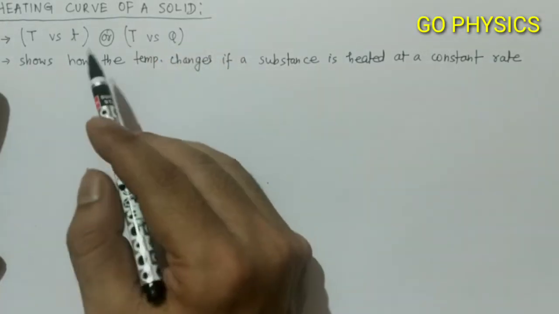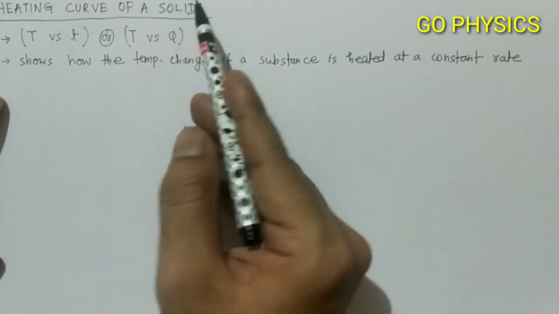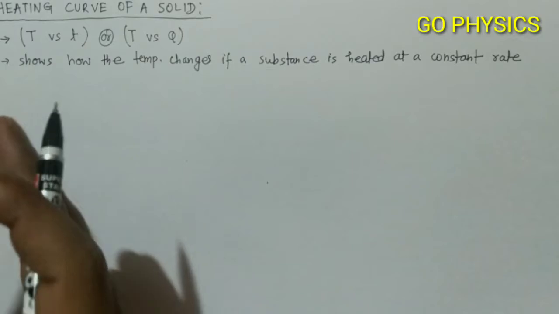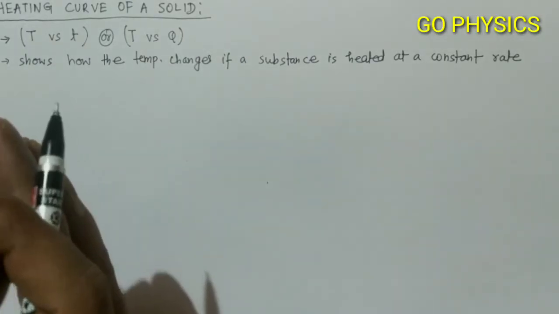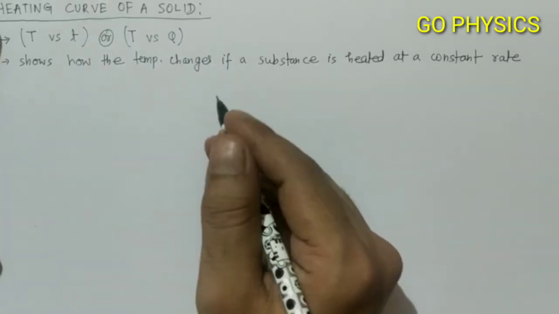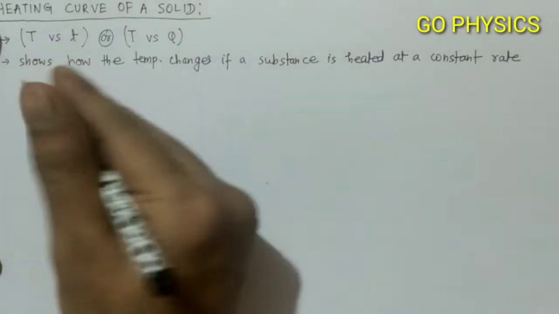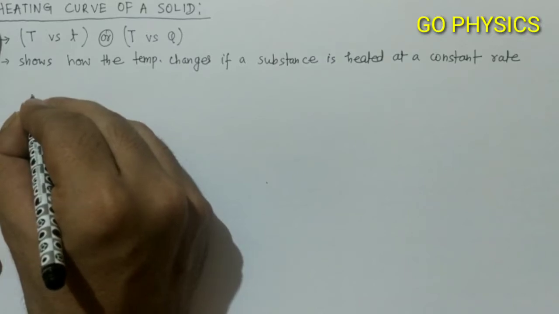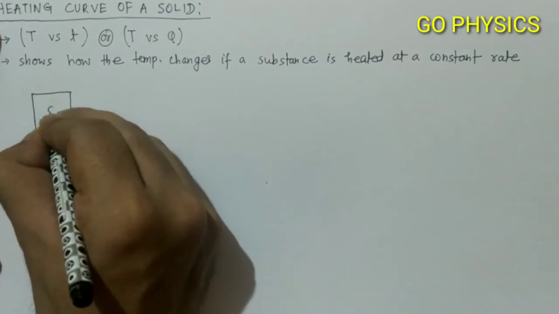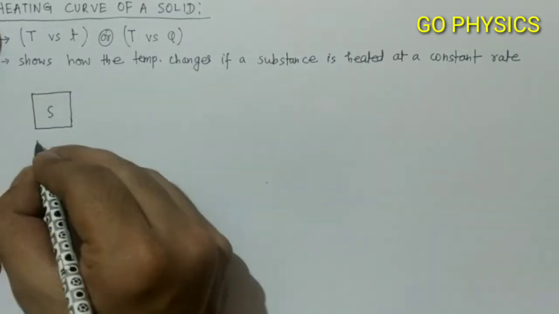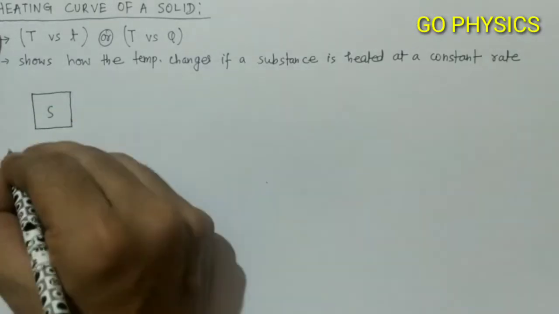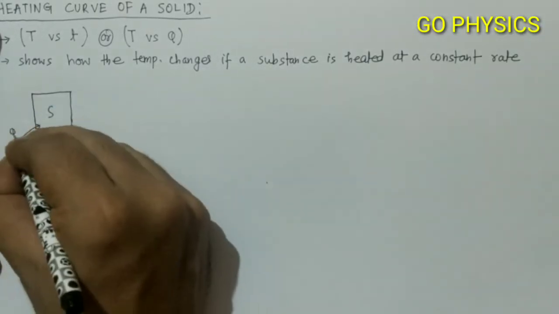So before going into discussion of heating curve of a solid, first we will see when a solid body is heated at a constant rate, it passes through different phase changes. So let us suppose we have a solid body which is present inside a container, and heat is continuously supplied to the system from some external source.